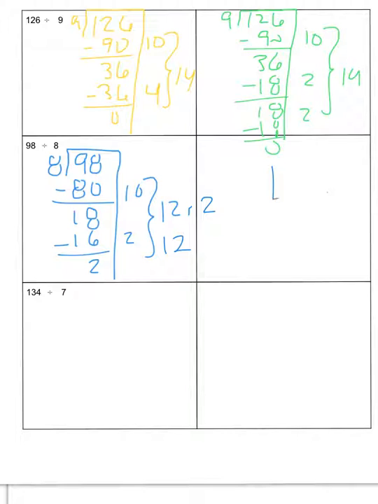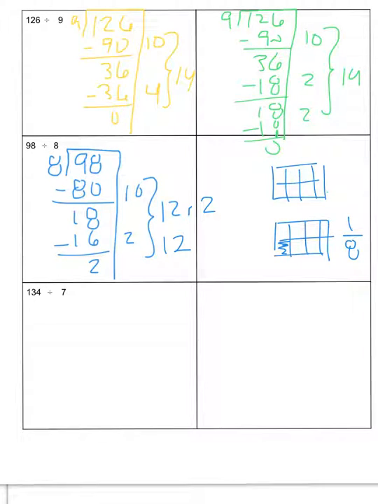Well, if I have 2 things to share with 8 people, I can break them into 8 parts and each person gets 1/8. So 1/8 plus 1/8 is 2/8, or we could say that's also 1/4, but we would say that then 12 and 2/8 is what we're sharing. Or like we said, 2/8 is equivalent to 1/4.